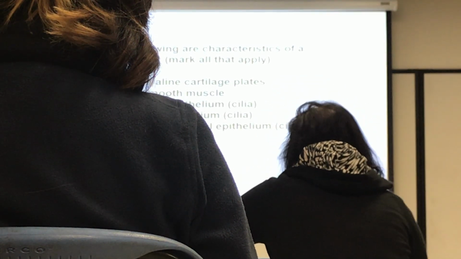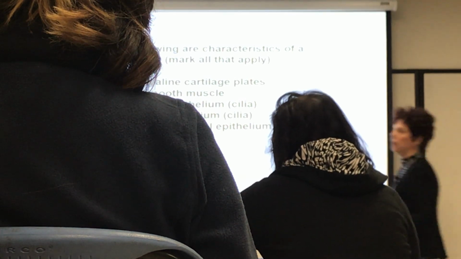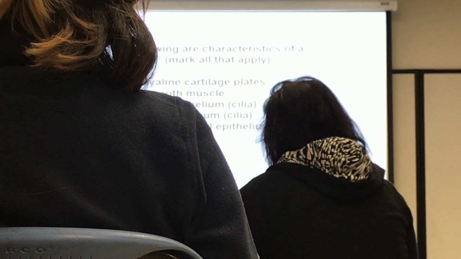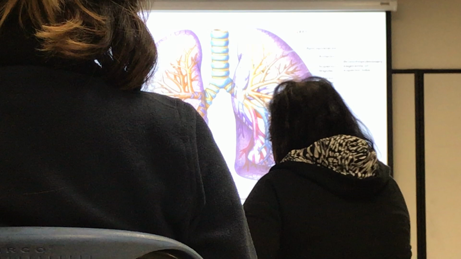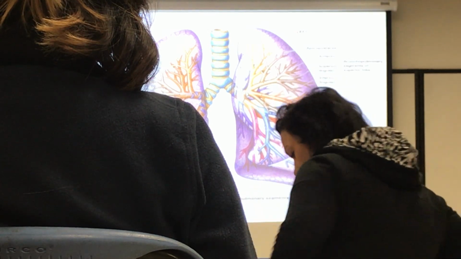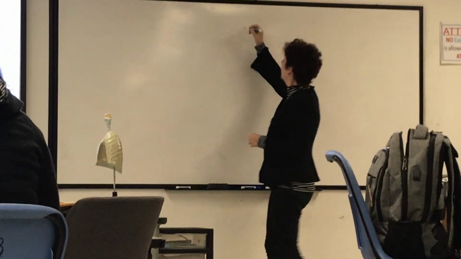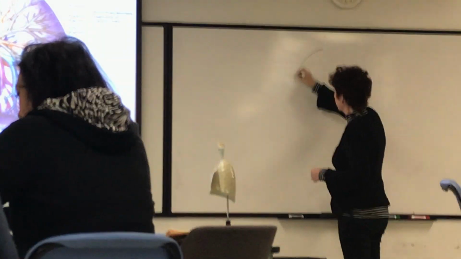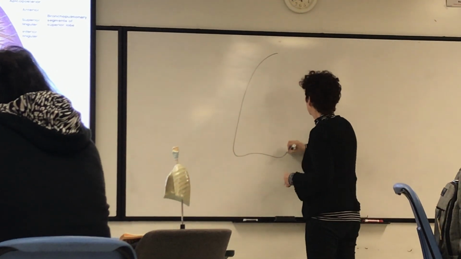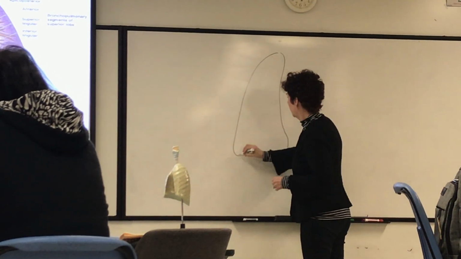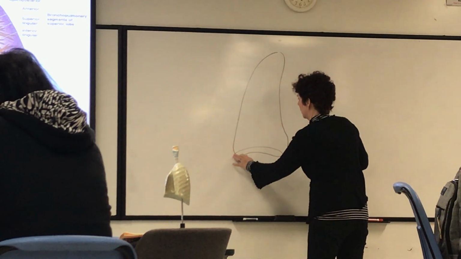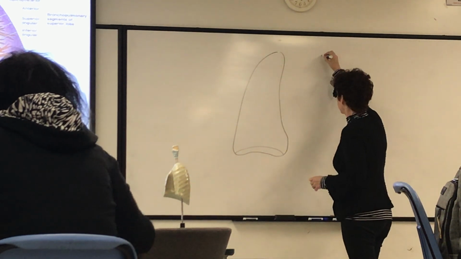So, we have right and left lungs. And first of all, just basic components. Remember when we started talking about the heart, we talked about apex and base and right border and left border and so on. So with the right lung, we have regions and surfaces.